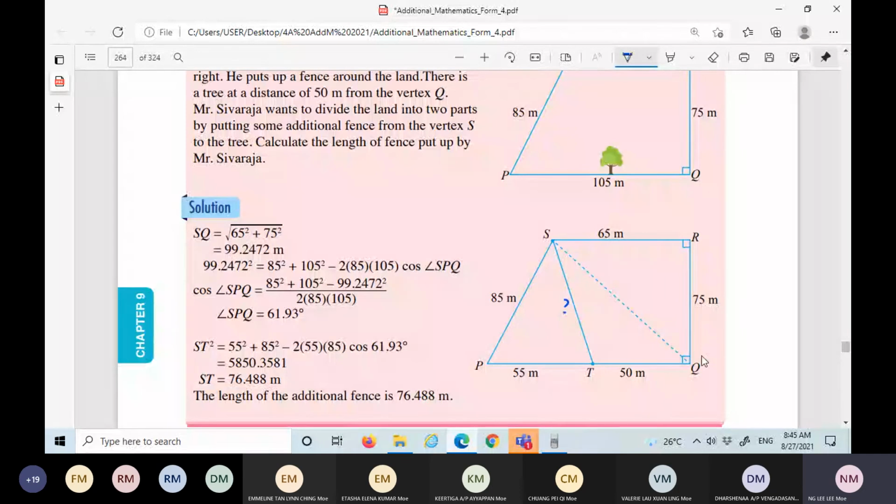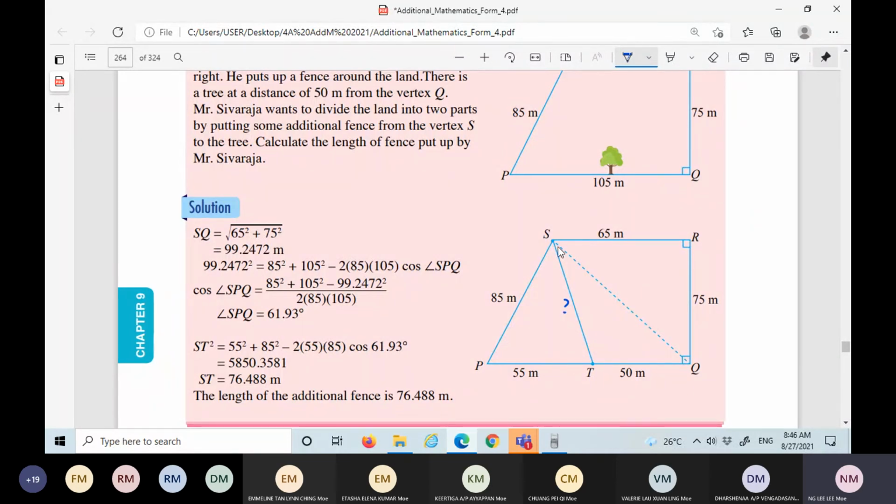So how to do these questions? You see all the lengths you have. You have this 90 degree, 90 degree. You don't have other angles. If there is no angle at all in a triangle, you must have 3 lengths.